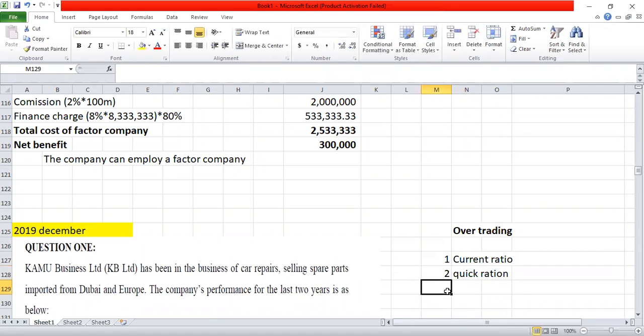Then you can also check the stock days. Look at the receivable days.